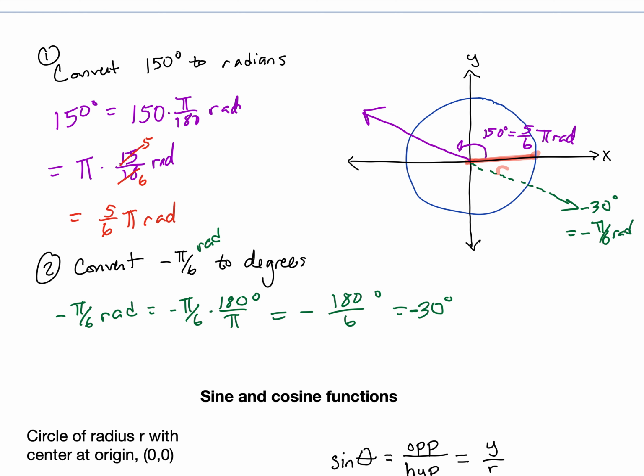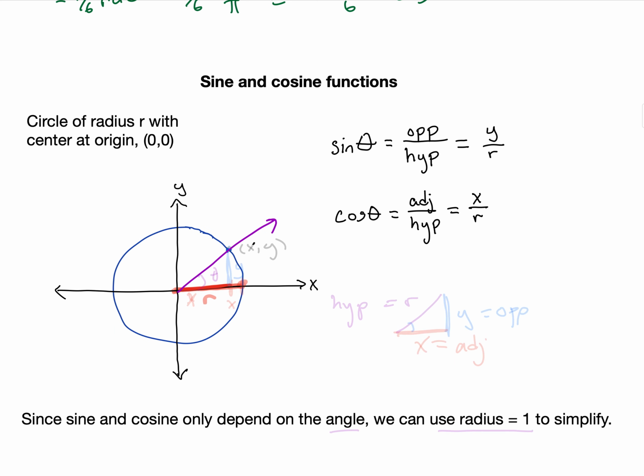Let's now talk about the sine and cosine functions for an angle theta. So here is our angle theta on the circle of radius r. The sine and cosine of that angle are defined by considering the point x comma y that intersects with the angle on the circle, and dropping down to find both the height of that triangle that's created and the base of that triangle.